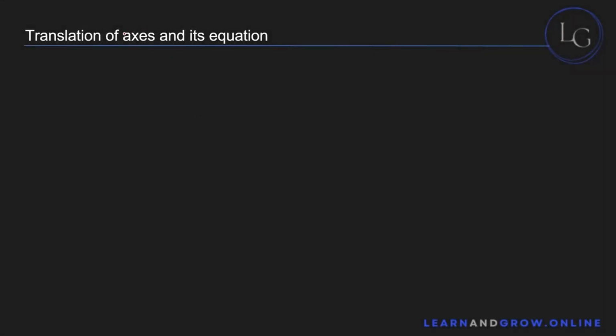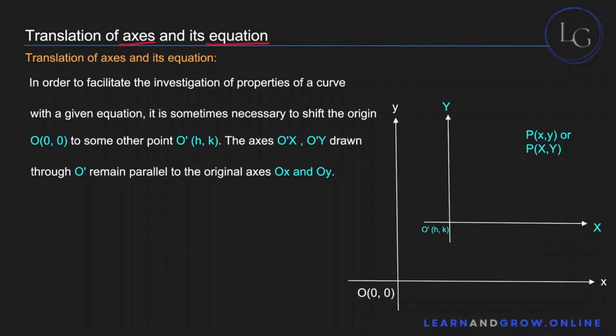Now let's see what the translation of axis is, and let's discuss its equations. So basically, if you had an original axis with lowercase y y-axis and lowercase x x-axis, and you translated the whole axis to a new position, right? So obviously its origin would no longer be at 0 and 0, it will be at some other one. So let's say you had this original axis and this was your new axis, right?